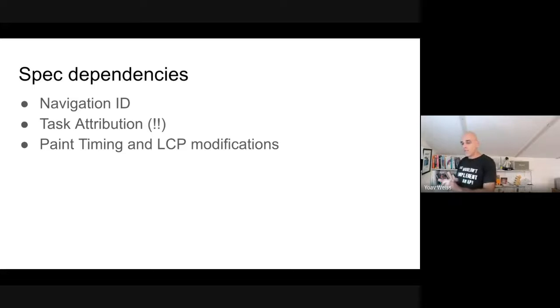This relies on task attribution, which is also completely unspecified and will need to be specified to some extent, at least in order for those heuristics to be interoperable. And then finally, this imagines paint timing and LCP modifications that will need to happen in order to specify everything I just said.